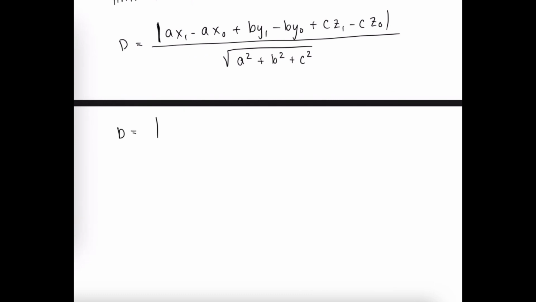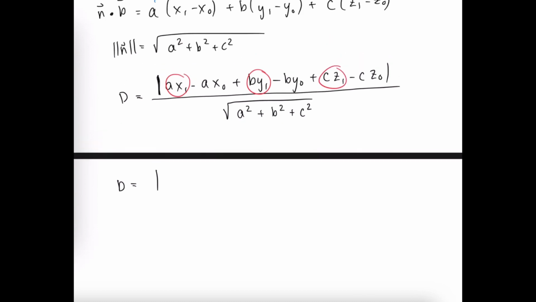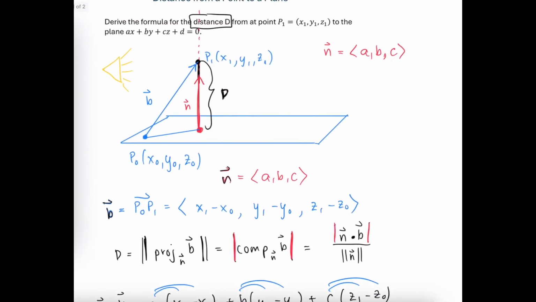So in the numerator, let's gather our variables x1, y1, z1 together because truly these are our only changing quantities, right? This is any point and we're looking for the distance between any point and our given plane. So these are the things that are changing, and this formula should work no matter what point it is that we are considering.